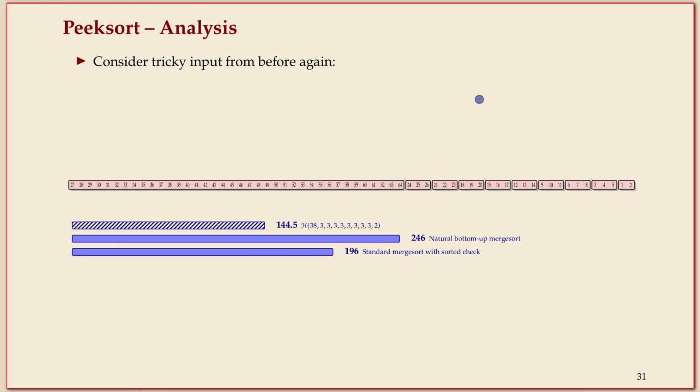What I haven't shown you is how well does this work. From what I've shown you so far, it's just jump in the middle and cut. Sounds intuitively reasonable. I haven't motivated much more than that, whether that's good. So let's look at this more tricky input from before, that bottom-up merge sort really blew and top-down merge sort did a little better.